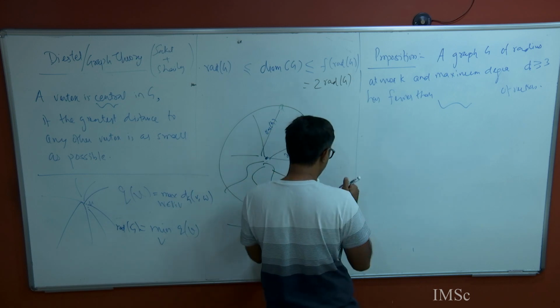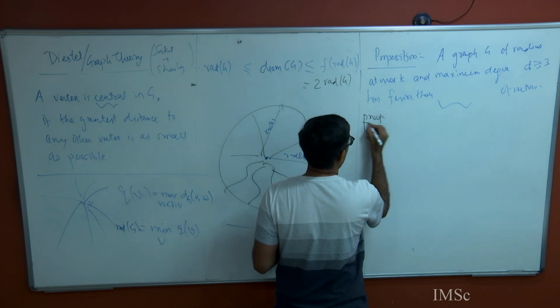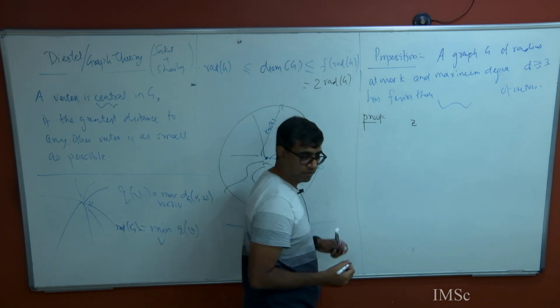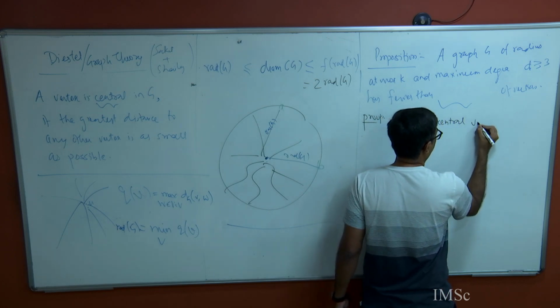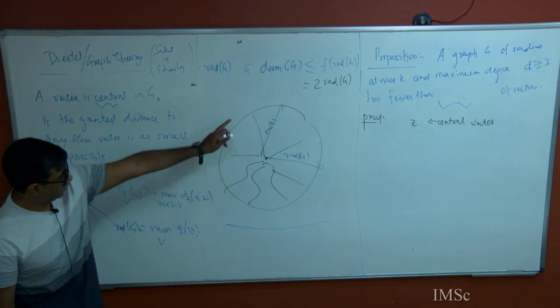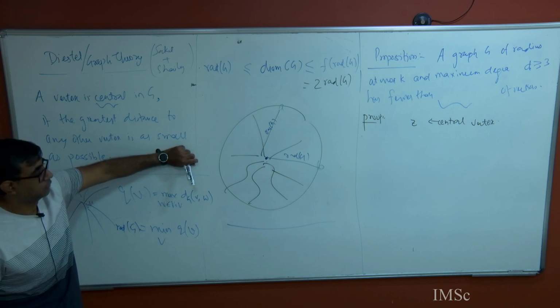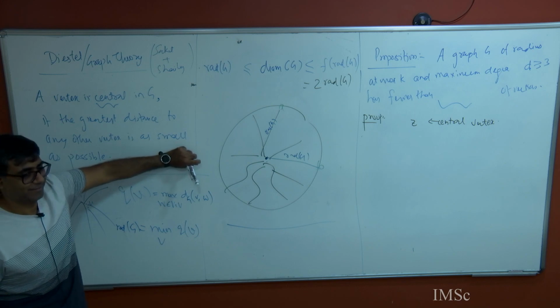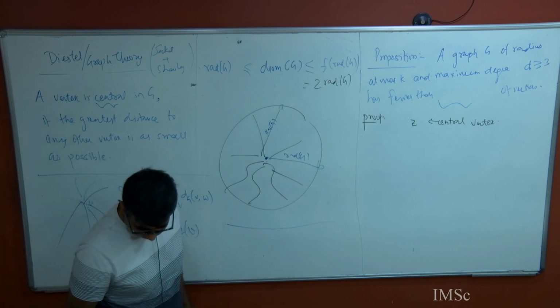So how do you think the proof will go? Let Z be a central vertex. Now what should I do? I on purpose drew this ball. Okay.